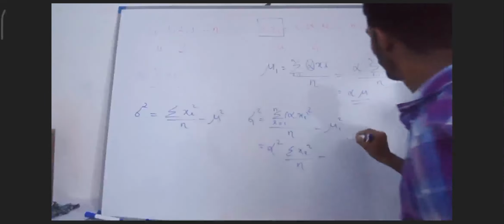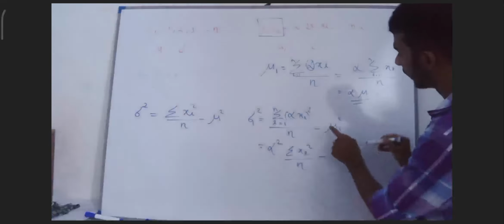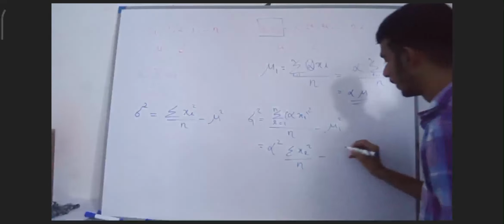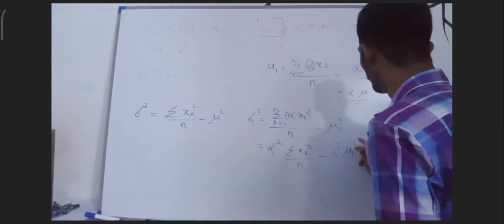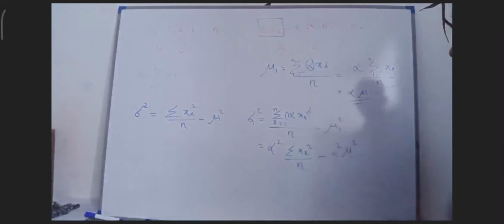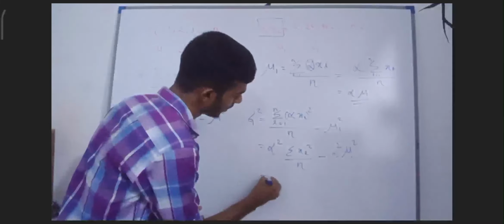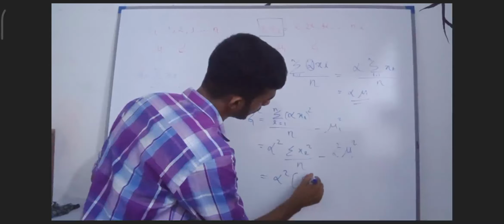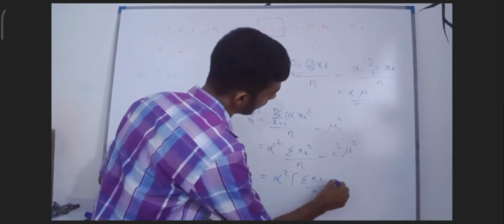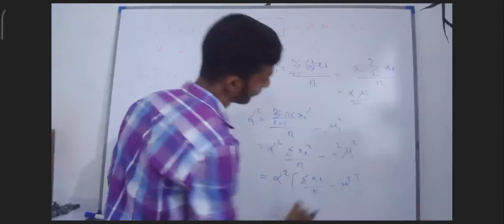We have already found mu1 is alpha mu, so if I substitute, that also gives alpha squared mu squared. In both terms alpha squared is common, so alpha squared times summation of xi squared over n minus mu squared. This is basically sigma squared.